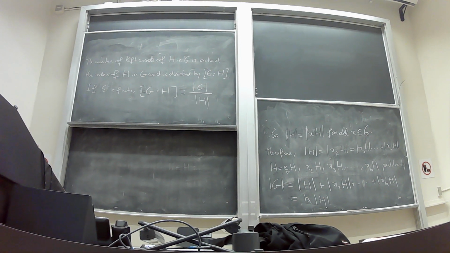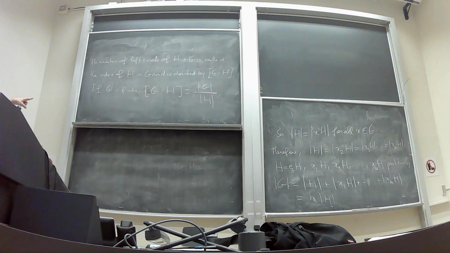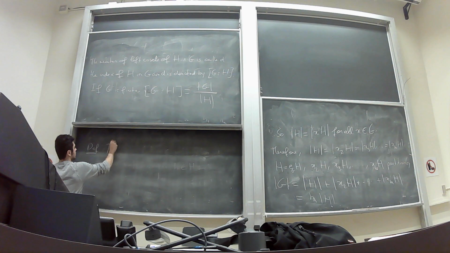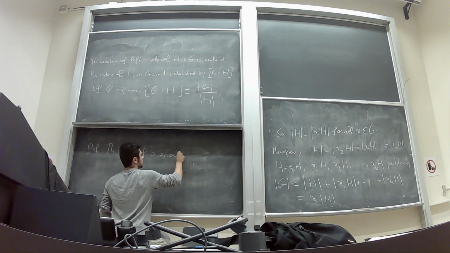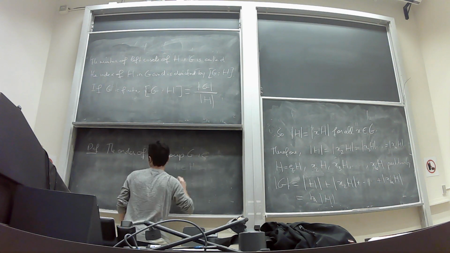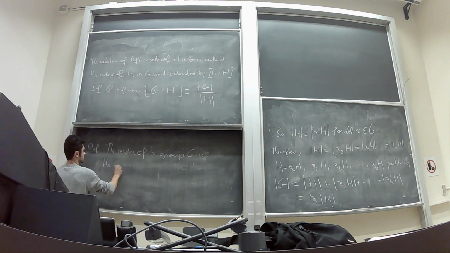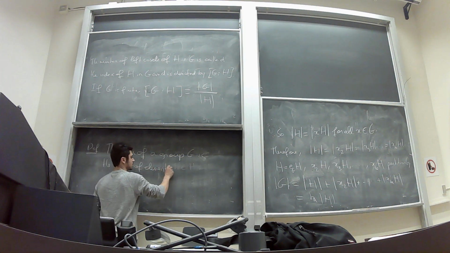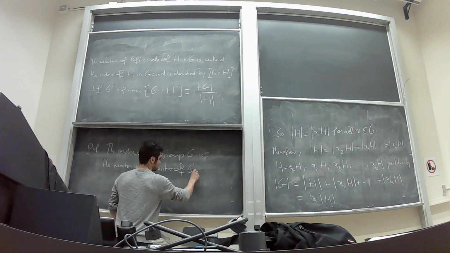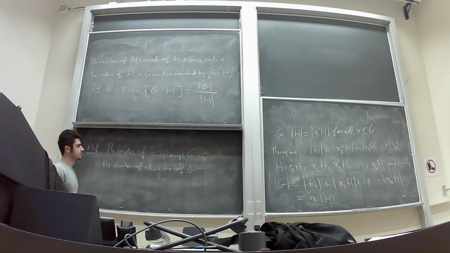If G is finite, the number of left cosets of H in G is the number of elements of G divided by the number of elements of H. Definition: the order of a group G is the number of elements of G, if G is finite.